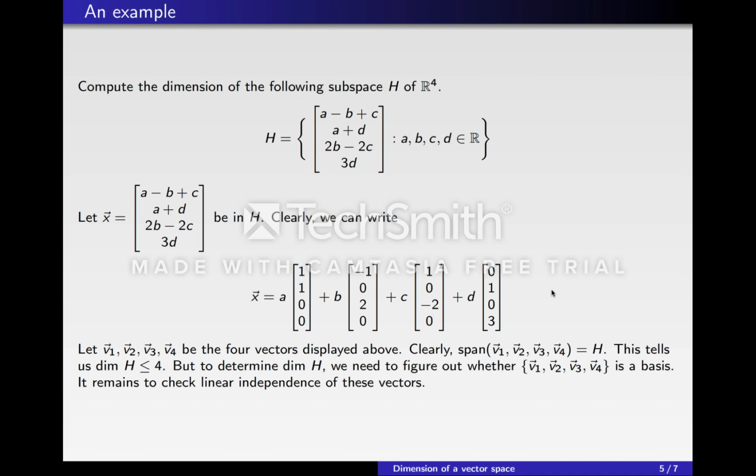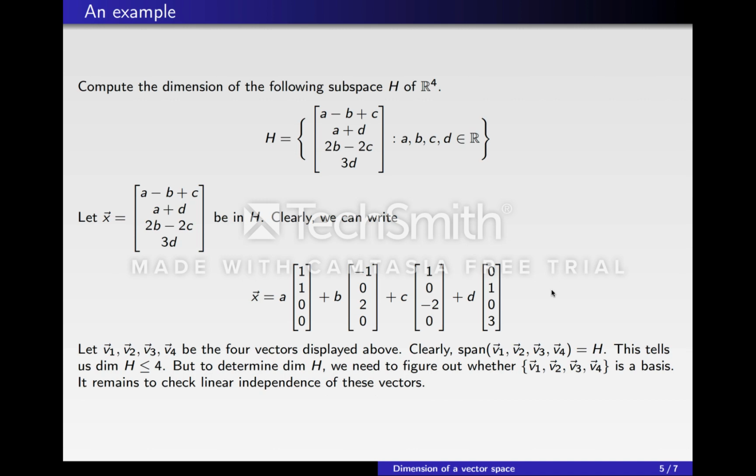First of all, make the following observation. Take a vector in H, say X is the vector A minus B plus C, A plus D, 2B minus 2C, and 3D. It is fairly clear that you can express X as a linear combination of the following four vectors: (1, 1, 0, 0), (minus 1, 0, 2, 0), (1, 0, minus 2, 0), (0, 1, 0, 3).